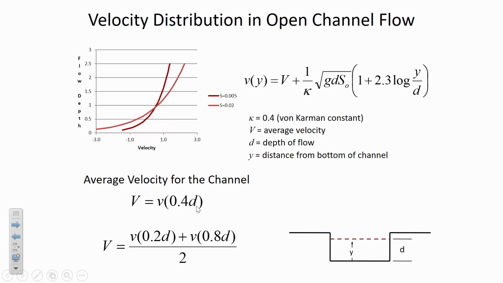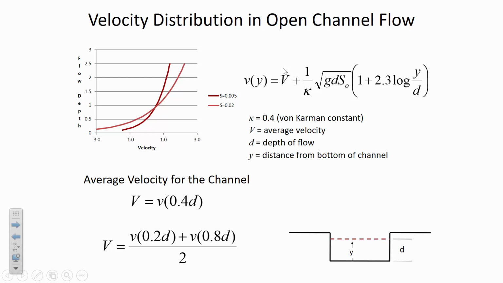So these two functions are used for approximating the average velocity based on one measured location rather than measuring at all of the depths. And then another way to know the average velocity is if you have a known flow rate and you know the cross-sectional area.